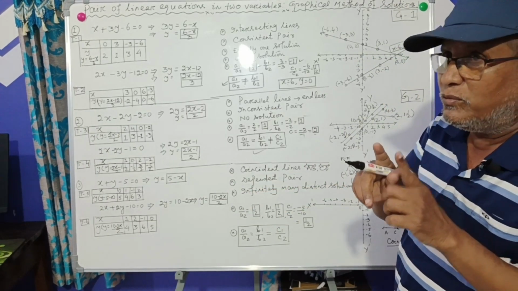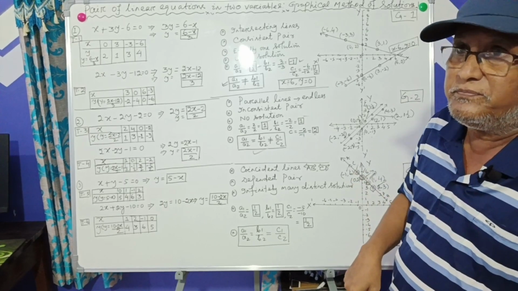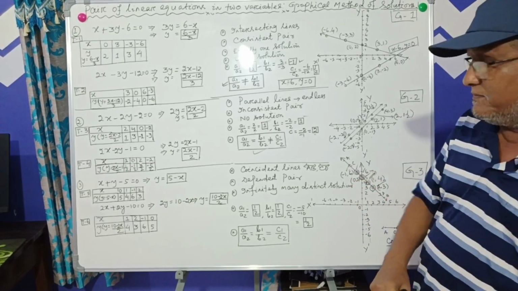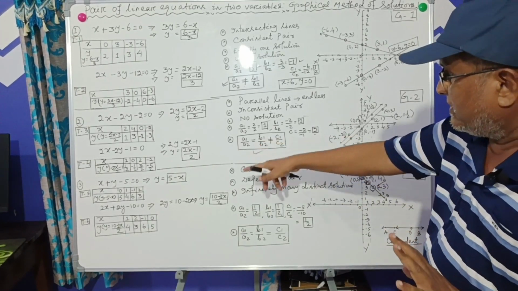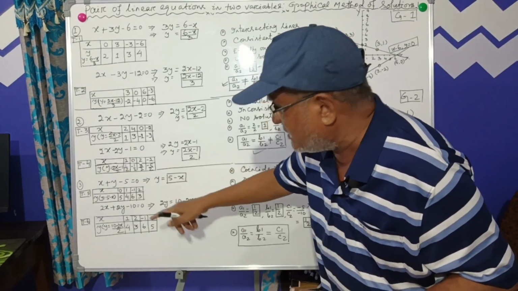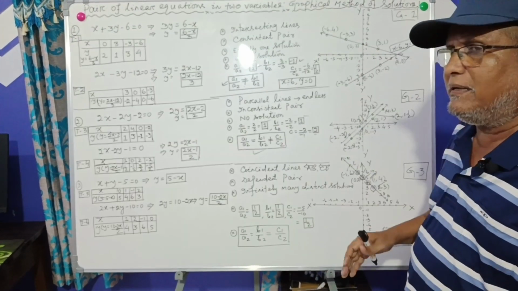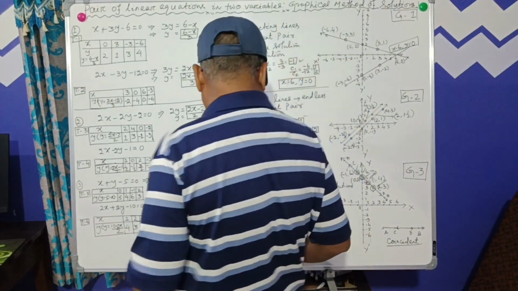When the two lines are coincident or overlapping each other and every point is common to both lines, then the pair of linear equations has infinitely many distinct solutions. So, what is the formula that we get here?